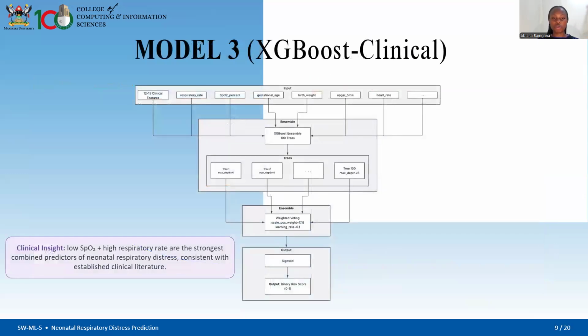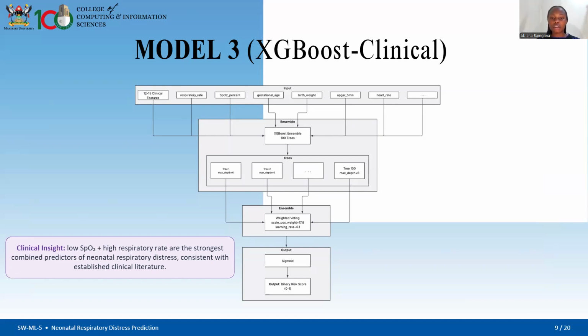So moving on to model 3, which was also an XGBoost, but this was based on the clinical data set. We still started with the 15 extracted features, such as the heart rate, the gestational age, as well as the birth weight and others, and we pass them through an ensemble. But here, for the clinical data, we are looking at 100 trees.